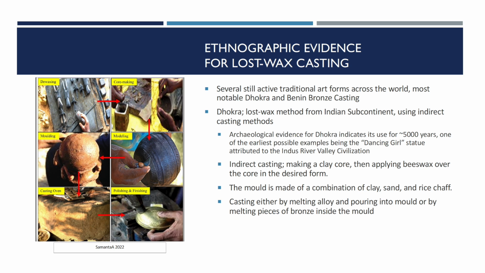And the casting process, once the wax has been removed, is by either pouring the molten metal directly into the mold or by placing the metal directly into it and then allowing that to melt. But the point is that lost wax casting is still very much prevalent, especially in traditional art forms.